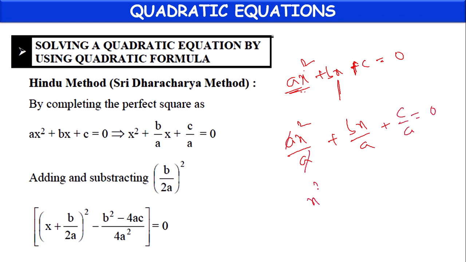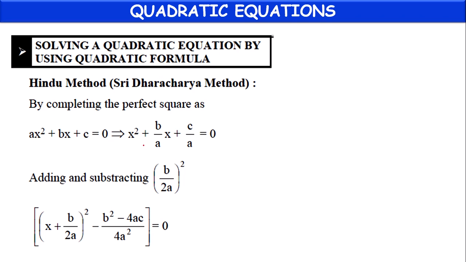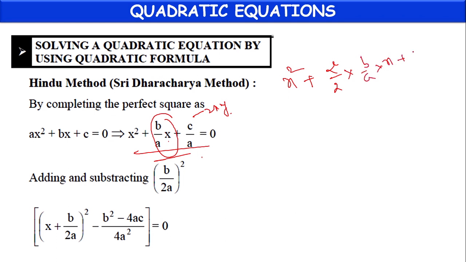A gets cancelled: x square plus b by a x plus c by a equal to 0. Now this middle term has to be in the form of 2xy. As we don't have 2 here, we can write 2 by 2 into b by a into x plus c by a equal to 0.